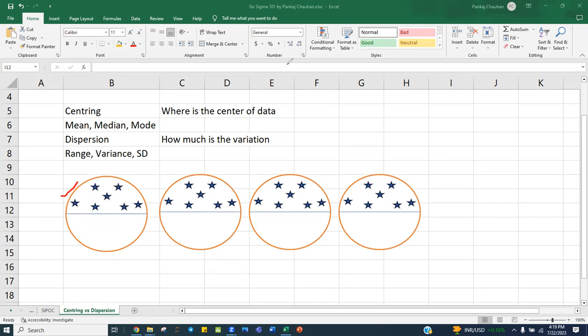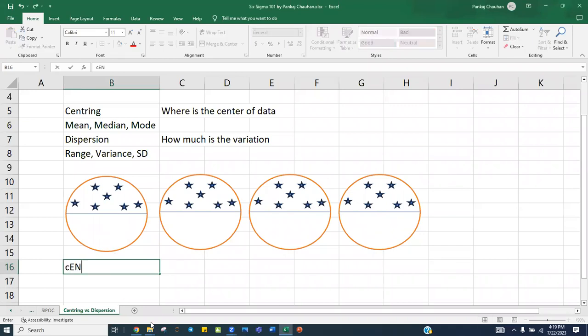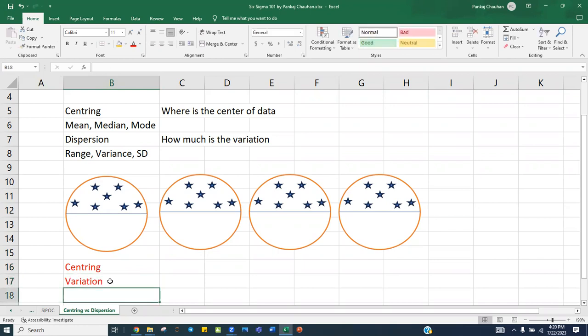Because the data is not in the center, this is a centering problem. And all the data points are far from each other, so this is a variation problem as well. I see both problems in this data set.